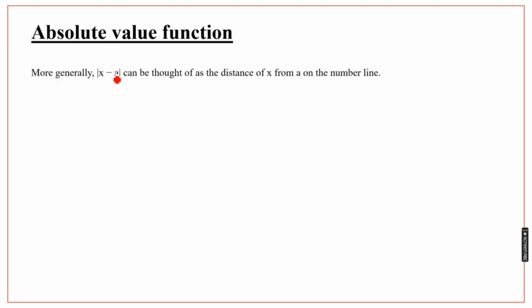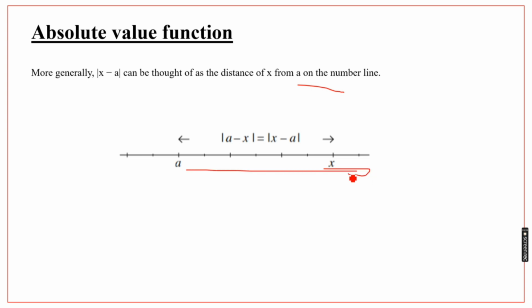More generally, the absolute value of x minus a can be thought of as the distance of x from a on the number line, which means the distance from a to x and from x to a is equal. It's only the distance. So note that the absolute value of a minus x equals the absolute value of x minus a.